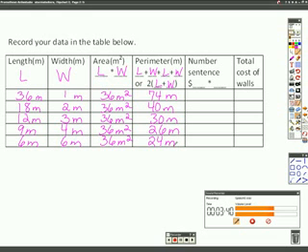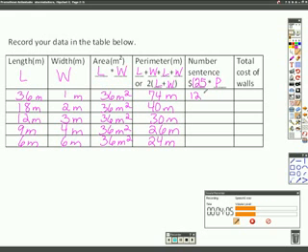Now that we have the perimeter of our rectangles, we're going to be able to solve the problem of the total cost of each of these storm shelters. Because when we want to find the total cost of the shelter, we want to think of the perimeter times each wall, which is on the perimeter, each wall unit being $125, to write our number sentence.